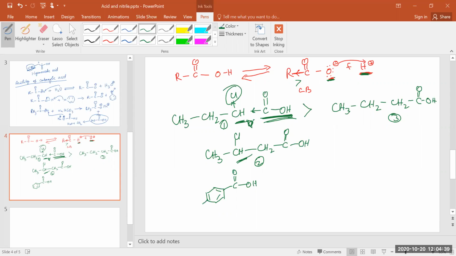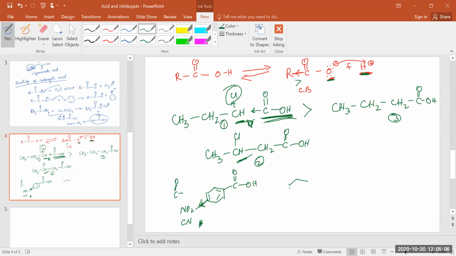At the para position, if electron withdrawing groups are present, like nitro, cyano, fluorine, aldehyde, ketone, ester, or another carboxylic acid, that will increase the acidity because they are electron withdrawing.